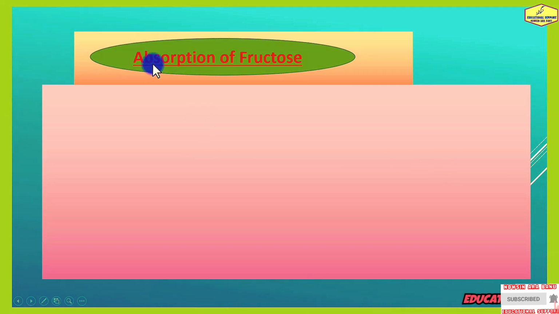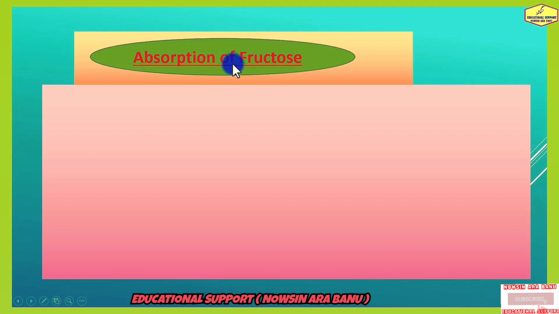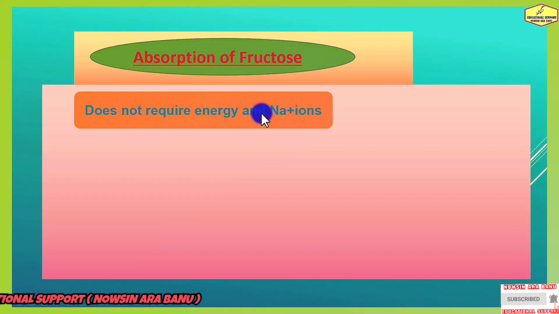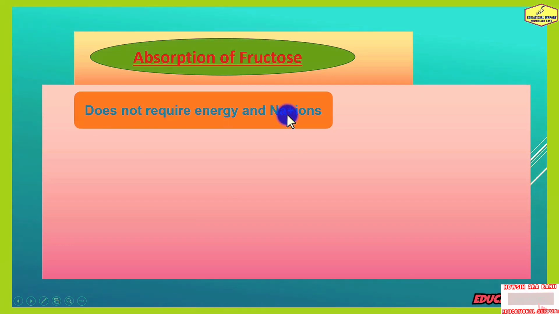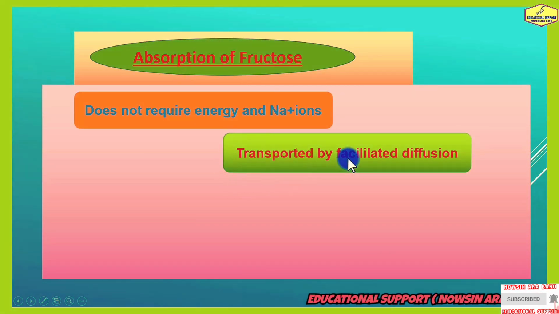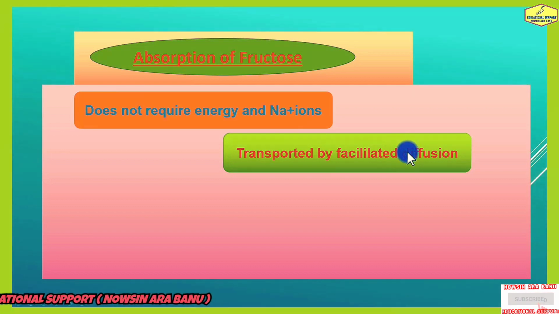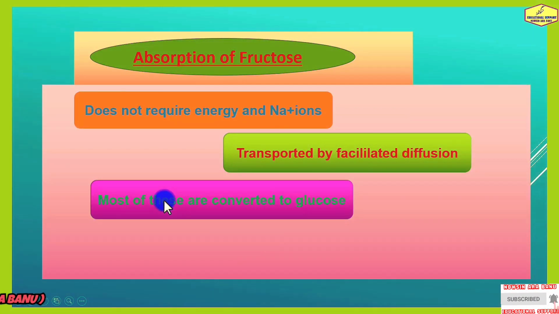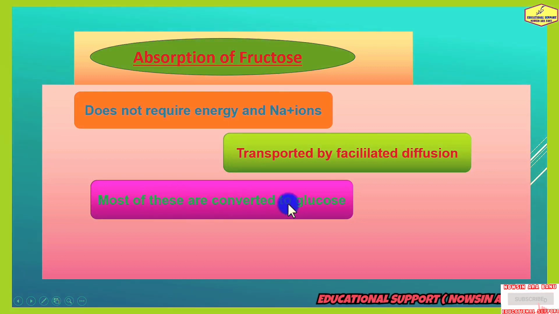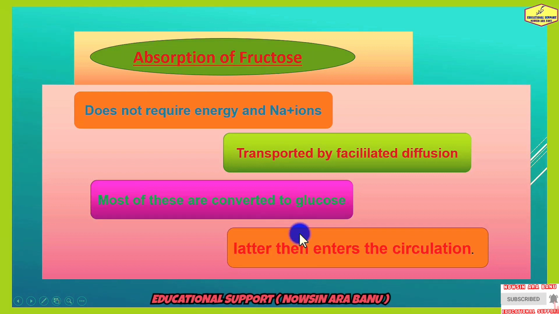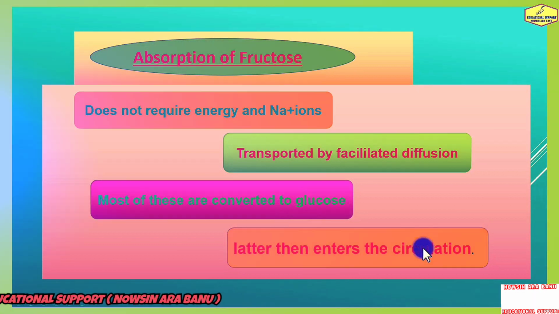Next, we are going to focus on absorption of fructose. Fructose absorption is simple and does not require energy or sodium ions; it is transported by facilitated diffusion mediated by a carrier. Inside the epithelial cell, most of it is converted to glucose, and the latter then enters the circulation.